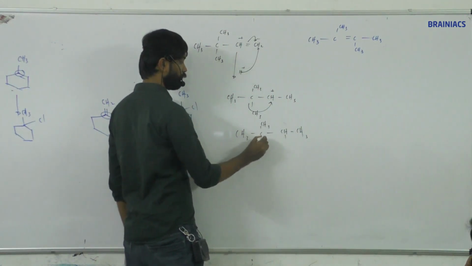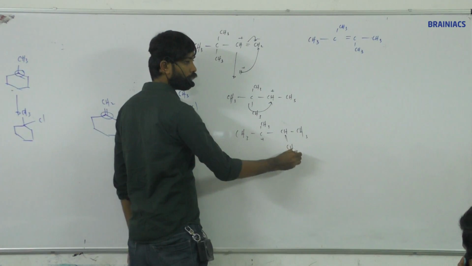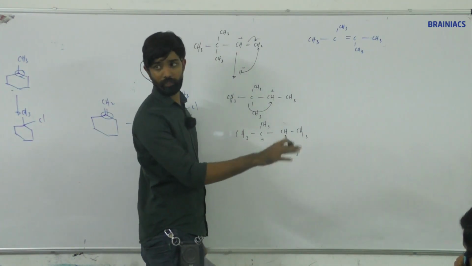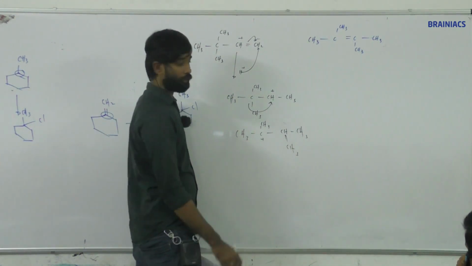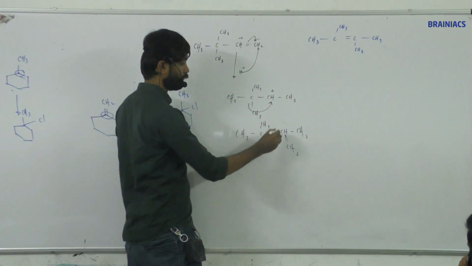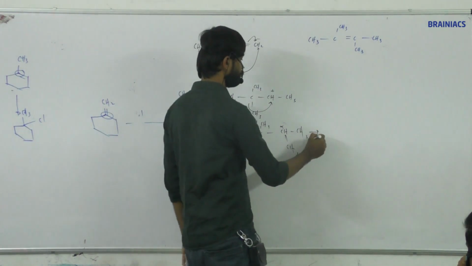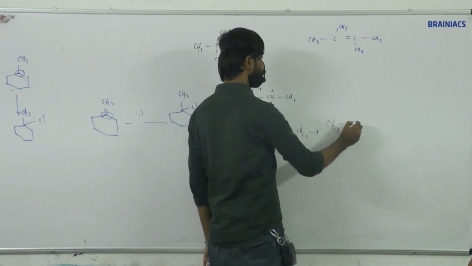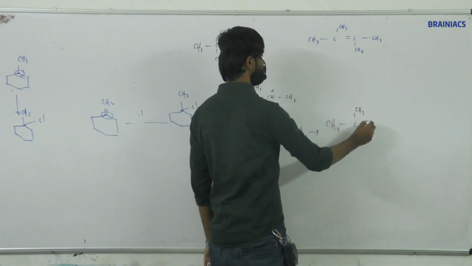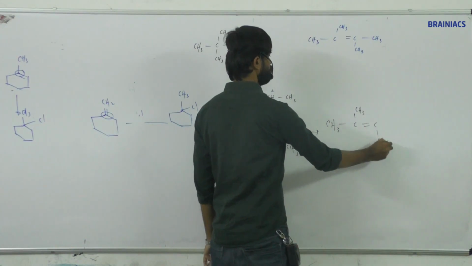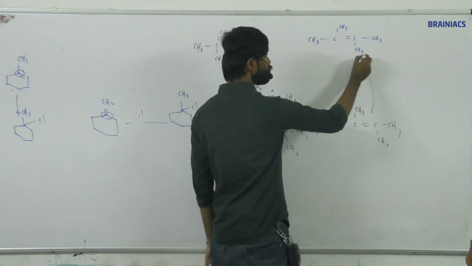Here the positive charge is here. Okay, followed by elimination from alpha. What do you obtain? The most stable product will be the major product. Okay, so that's okay.